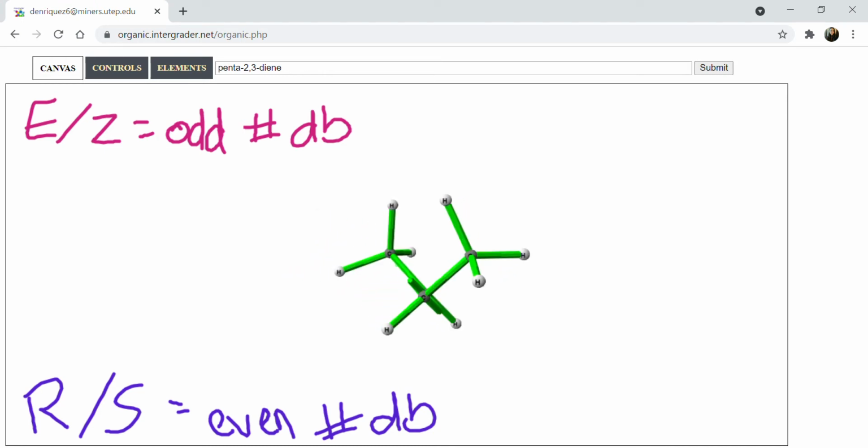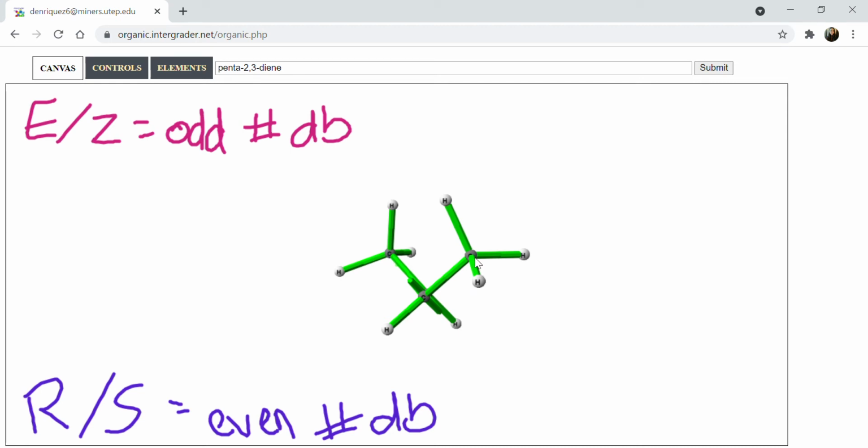But let's turn it around. So as I was saying, the highest priority here would be 1, the methyl, and then it would be the hydrogen. So keeping those in mind, then we move to the back carbon. So the greatest priority there would be the methyl, and then the hydrogen. Okay, so this is 1 priority, and then 2, and then we go back to the back carbon, and we have our first priority, and then our second hydrogen.